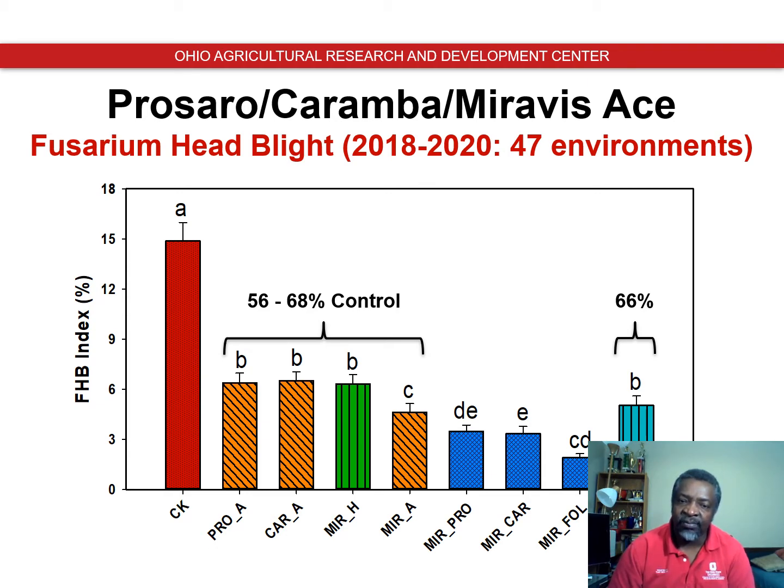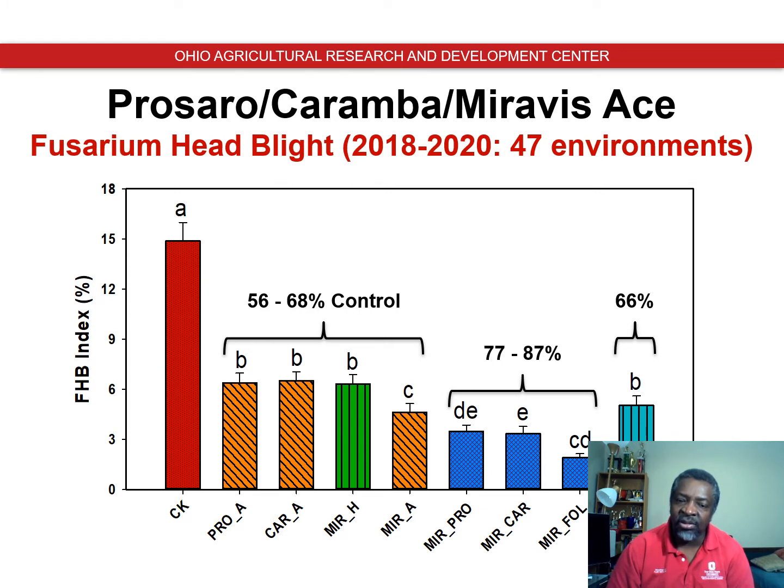All fungicide treatments resulted in significant reduction in visual symptoms in terms of index relative to the untreated check. Application made at anthesis, early anthesis, or late anthesis, or even early heading, that green bar, Miravis Ace applied at early heading, reduced disease severity by about 56 to 68%.